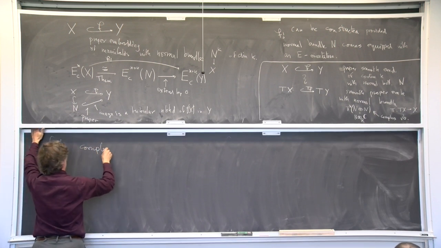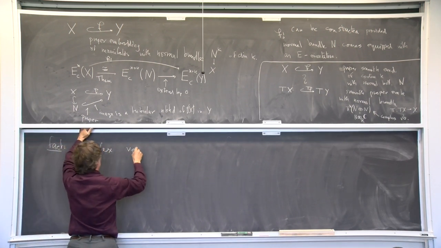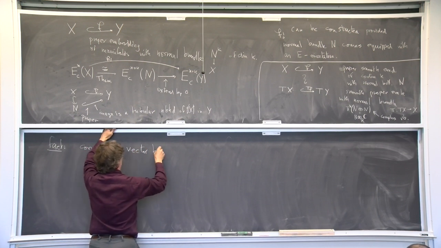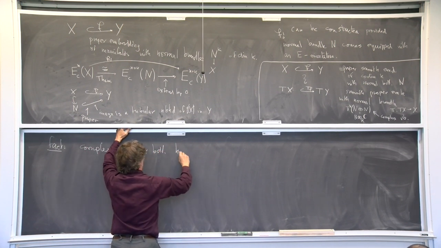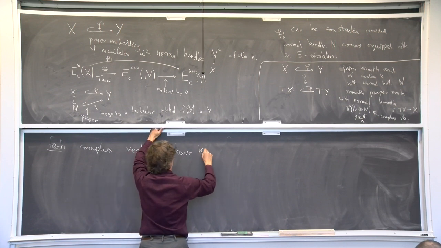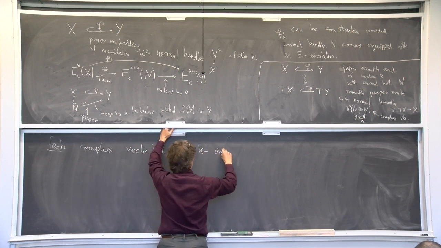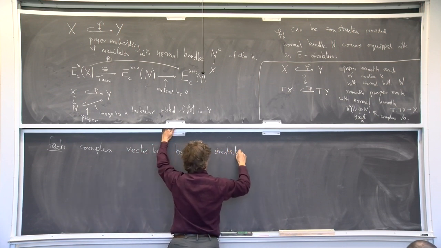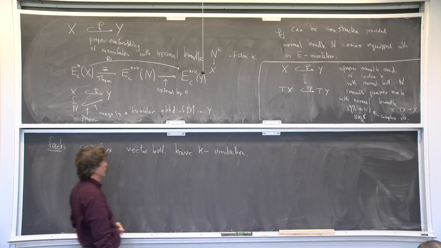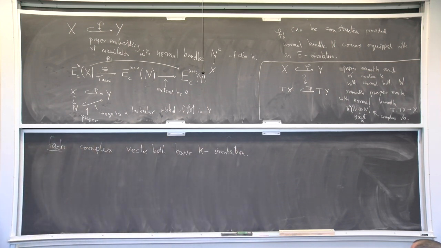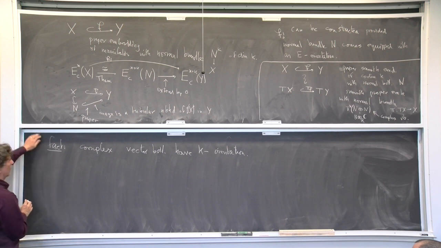Complex vector bundles have a K orientation. In other words, the complex structure on that vector bundle gives you a built-in K orientation. And not today, but maybe at some future point, I will talk about the construction, how to write down this K orientation of complex vector bundles.